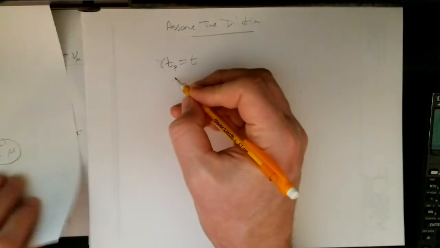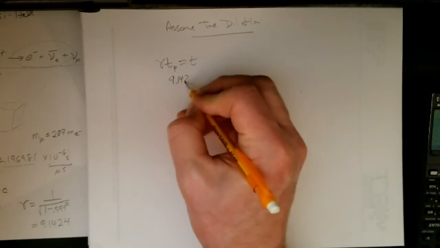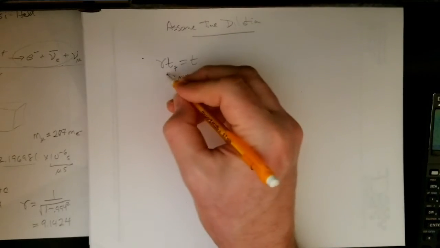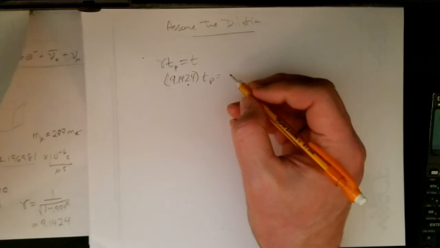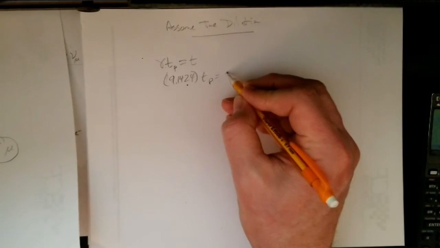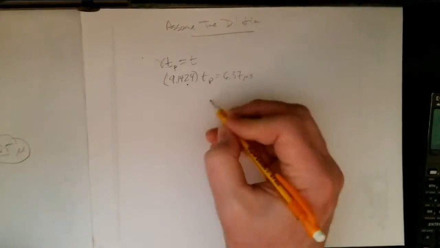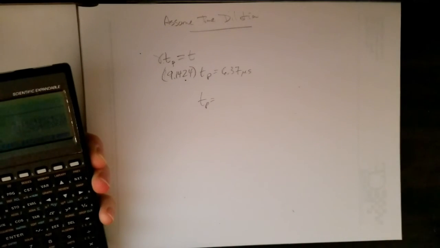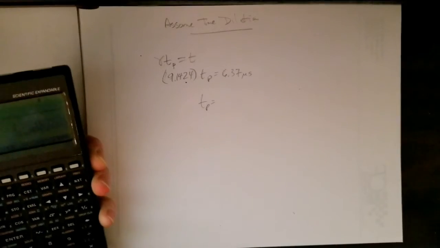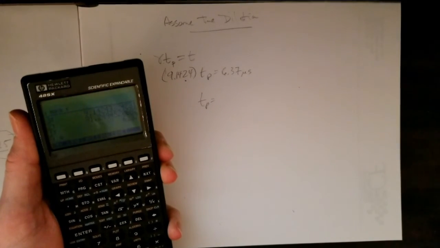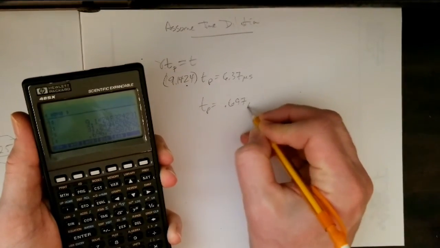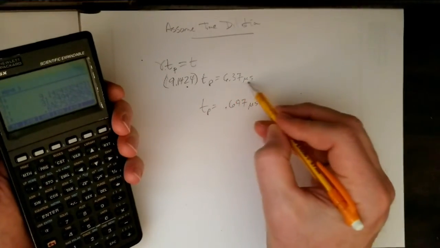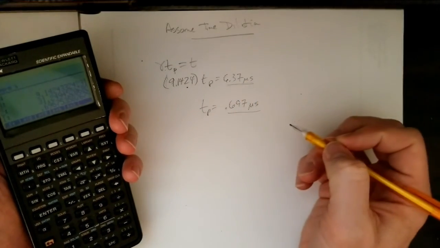So gamma we already calculated, that's 9.1424, times the proper time is equal to the amount of time it takes in our space, which I just calculated, 6.37 microseconds. And so in the muon's reference frame, it's not aging as much, so I take the 6.37 divided by 9.1424, and I get 0.697 microseconds. In other words, even though that's the amount of time that passed on Earth, that's the amount of time that passed for the muon.